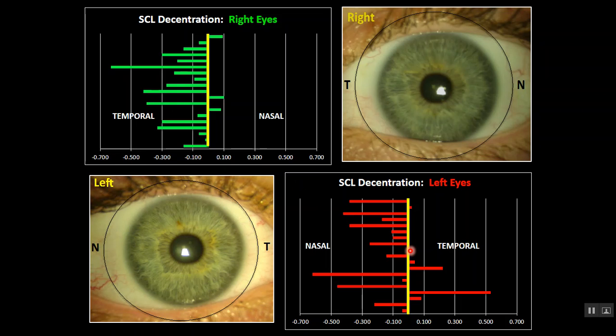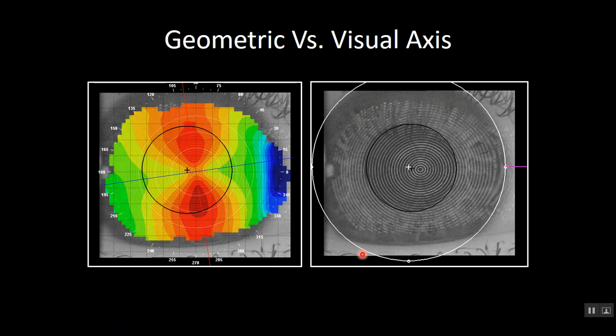The vast majority of left eyes tended to decenter slightly nasal. So there is some difference between how lenses center on eye. And what does that mean in relationship to the geometric axis versus visual axis?